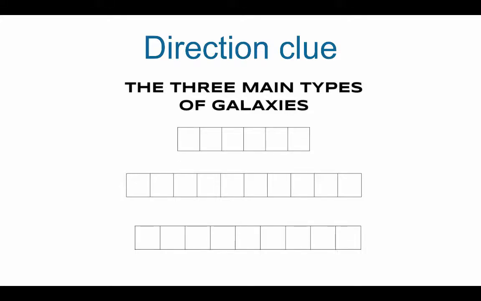For the direction clue, students will find a piece of paper that is blank with boxes about the 3 main types of galaxies. A quick Google search, or by using information that might be in books laying around the room, they will find that those galaxies are spiral, elliptical, and irregular.